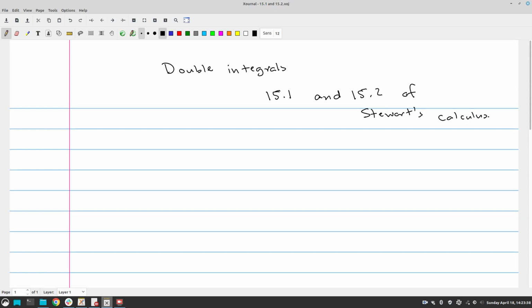From single variable calculus, you are undoubtedly familiar with integration as a Riemann sum.